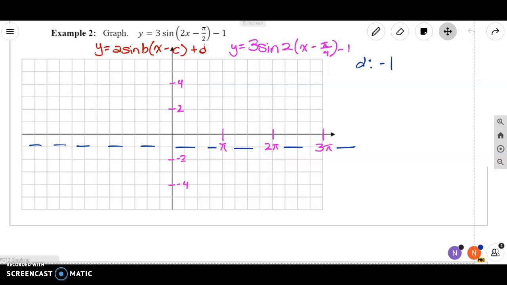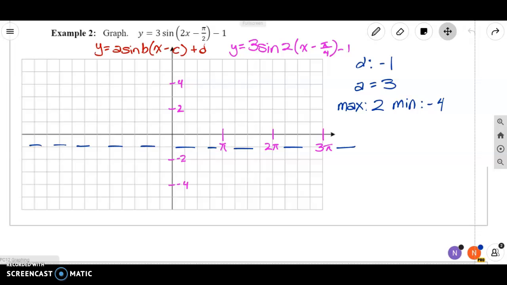We have an amplitude of 3 from our a value, which means the graph is going to have a maximum and a minimum that go 3 above and 3 below the midline. So we might as well fill those out right now. Our maximum is going to be the centered -1 plus 3, which is a maximum of 2. Our minimum is going to be, if we go from -1 and we subtract 3, that's -4, our max and min values.